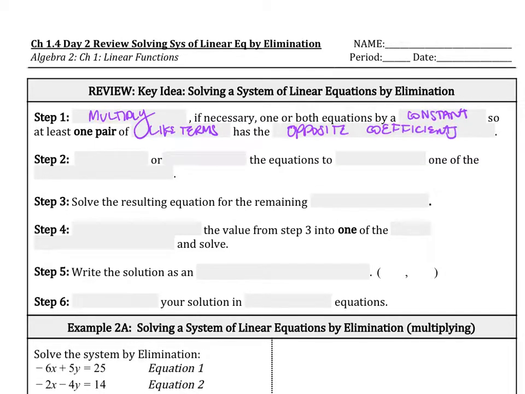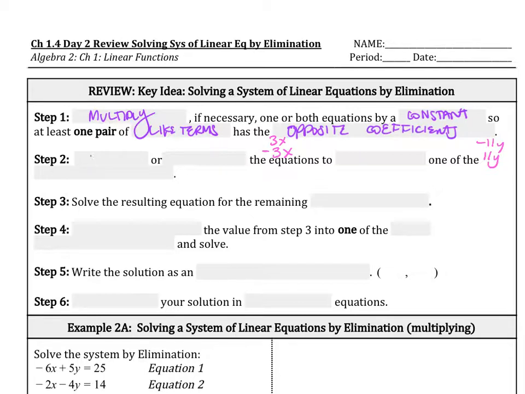So for example, if you see a 3x, you need to get a negative 3x. Or say, for instance, you have a negative 11y, you want the other one to be a positive 11y.